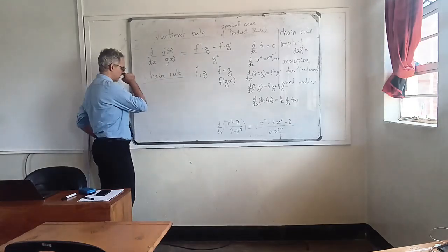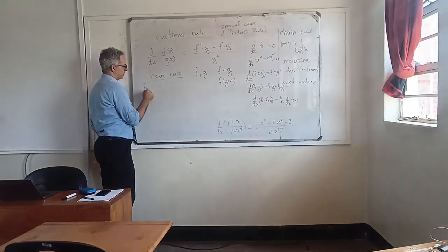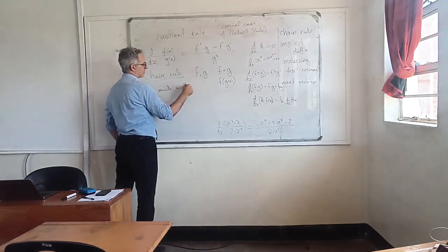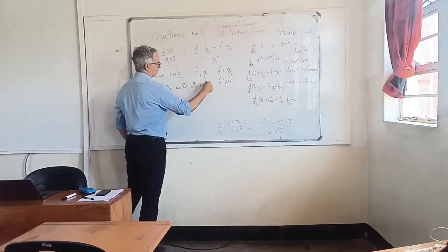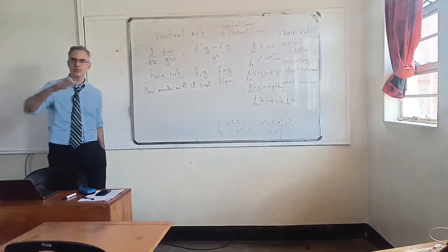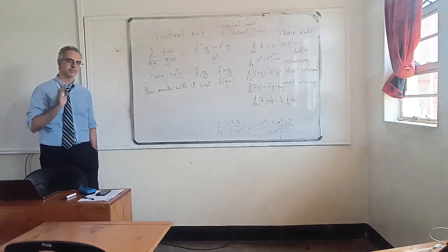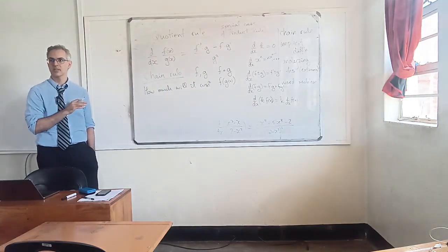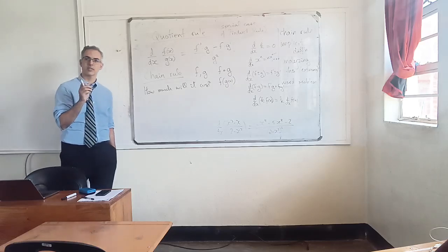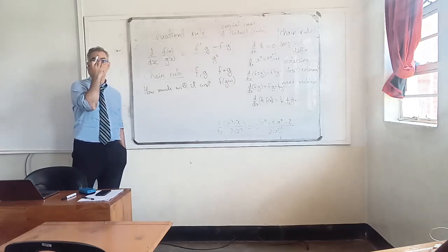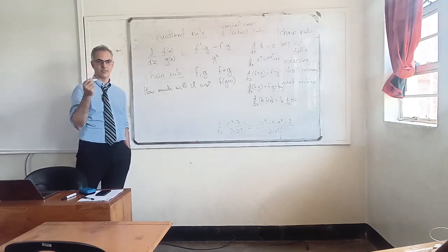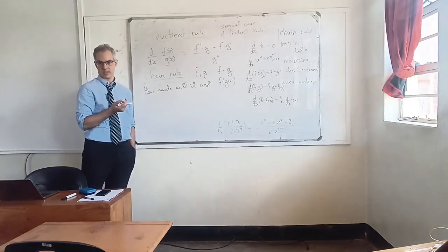I want to know how much it will cost. I'm about to go on a trip to Mchinji. I need to put fuel in my car, and my question is, how much will that cost? The fuel to go to Mchinji, how much will it cost?